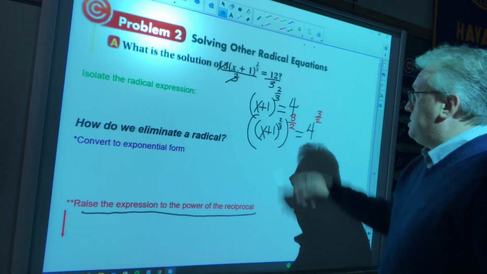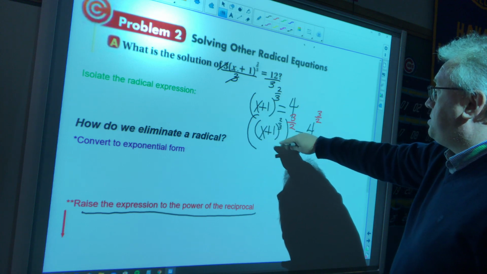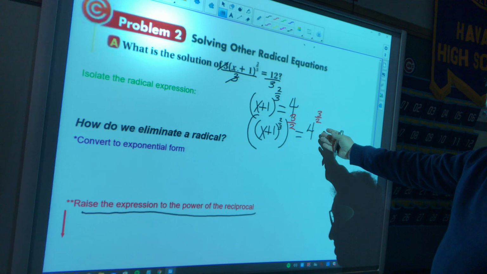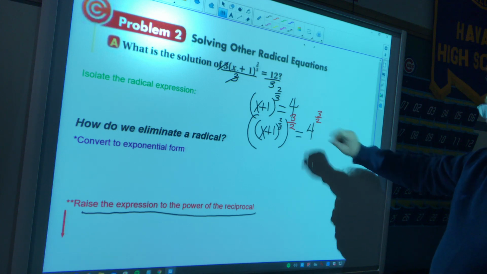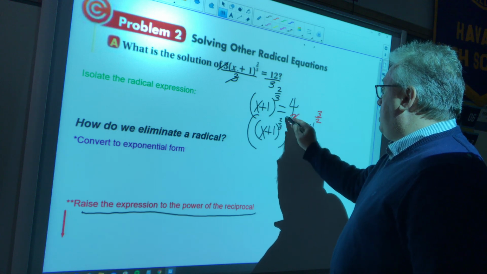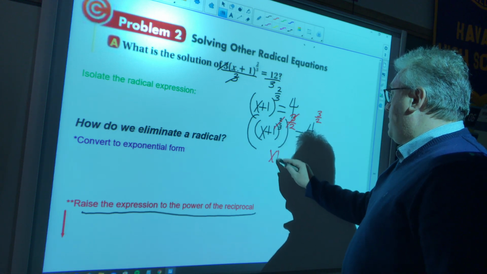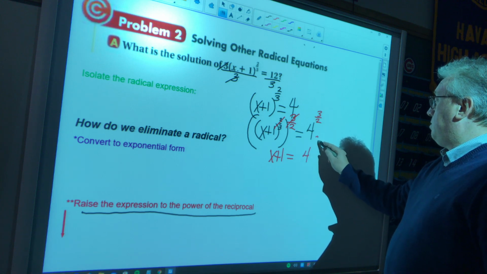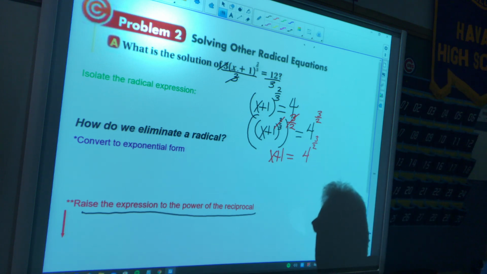So I've got the quantity x plus 1 to the 2/3. I raised it to the power of its reciprocal, and I did the same thing to the other side, because we always have to do that. So these are going to cancel, and I just get x plus 1 equals 4 to the 3/2 power.